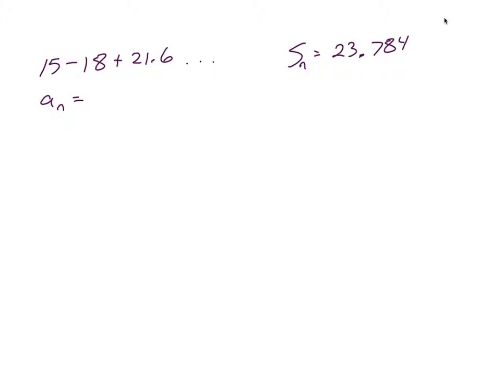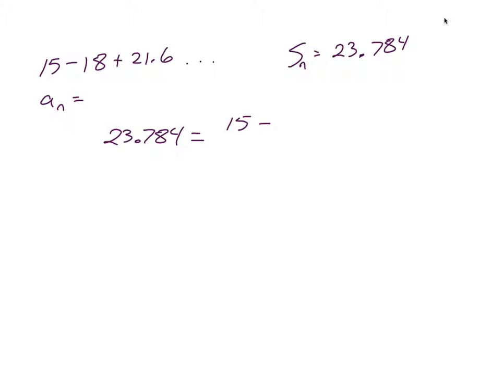So what are we going to do? Do I want the formula with or without a sub n? With, because a sub n is in my problem. So I'm going to plug in 23.784 equals a sub 1, which is 15, minus r.